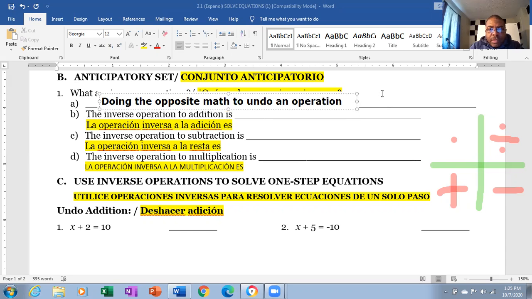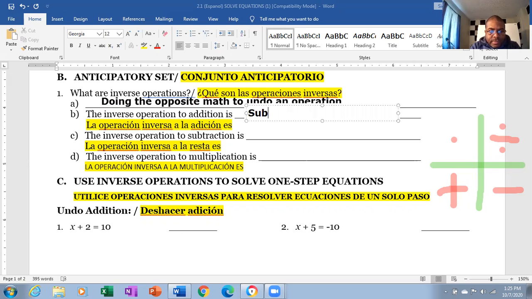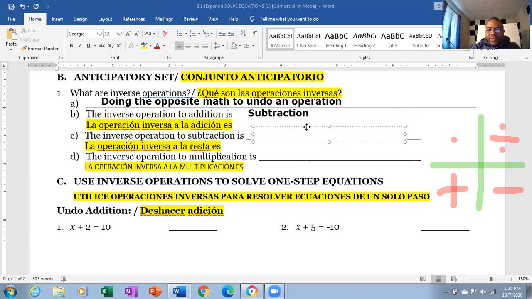Ooh. Okay. All right. So doing the opposite math to undo an operation. All right. The inverse operation to addition. The opposite of addition is, yep, you just type it right on in there. Okay, good stuff. Subtraction. The inverse operation of subtraction is, that's simple, right?